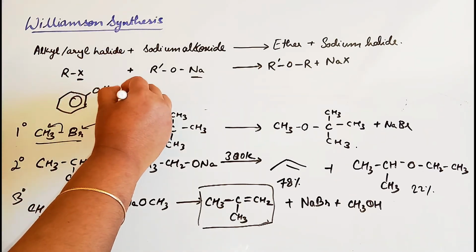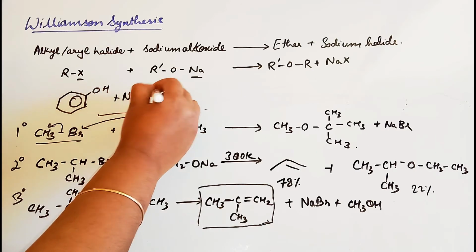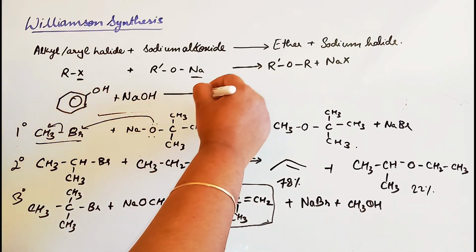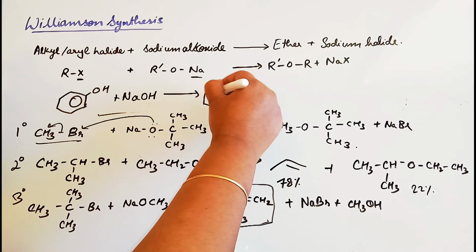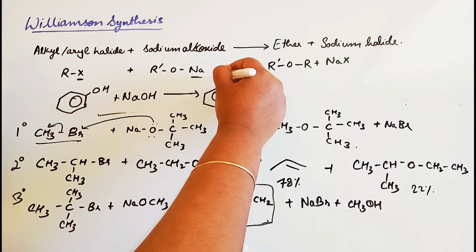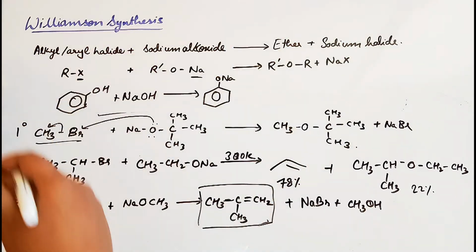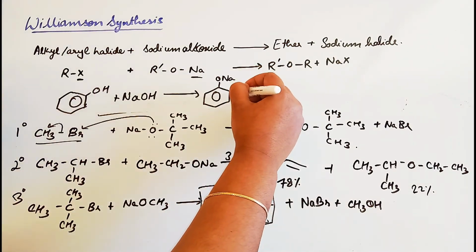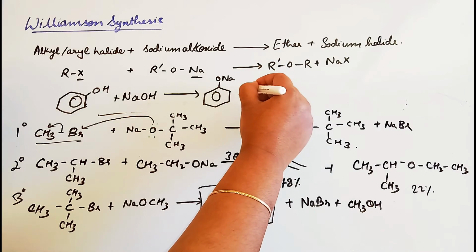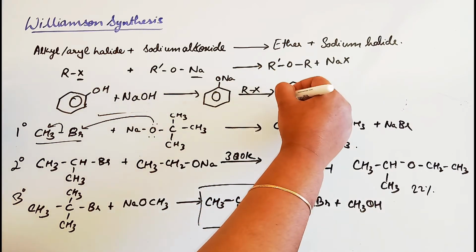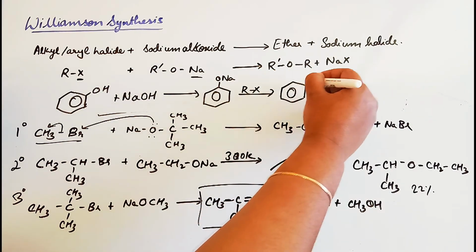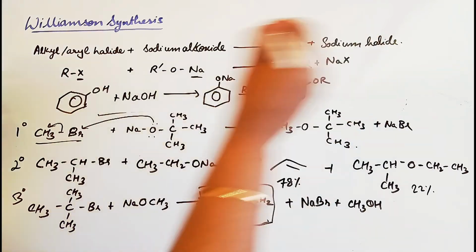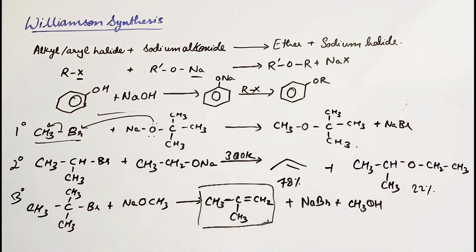It reacts with sodium hydroxide and forms sodium phenoxide, similar to the other two reactions that we learned about in the previous two videos. So the sodium phenoxide ion is going to react with an alkyl halide, and this leads to the formation of an ether.